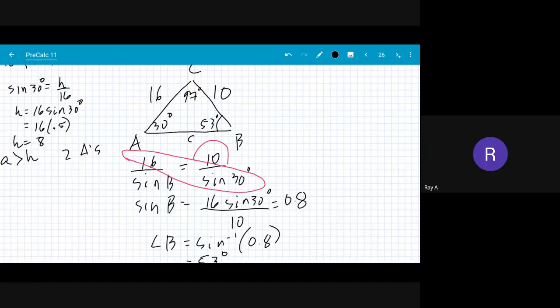Now, what about the other triangle? Now, look at it this way. So this is the triangle that we have been able to do. Now, what if we swing this side?